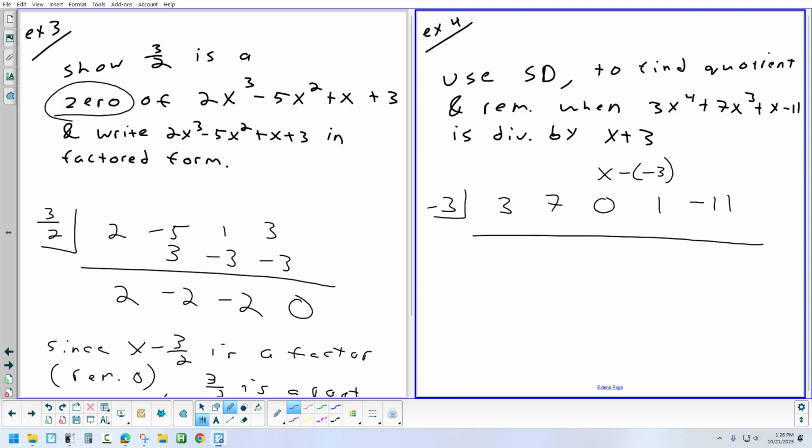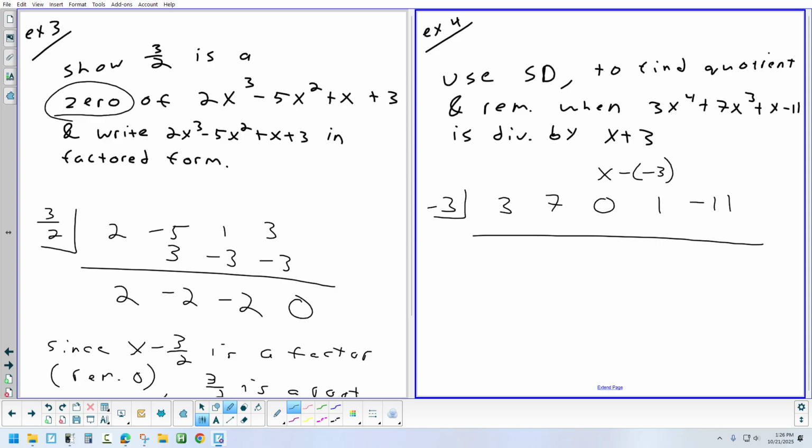What's my first step? To multiply the -3? I don't have anything to multiply yet until I have numbers under that line. To add them? I don't have any columns yet. I just have a single number, so there's nothing to add right now.